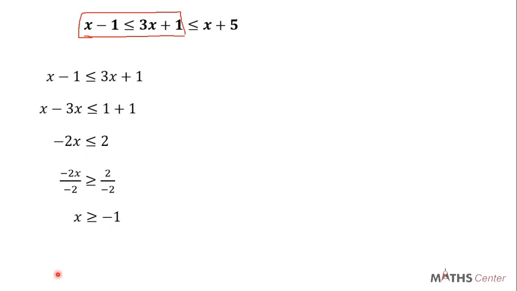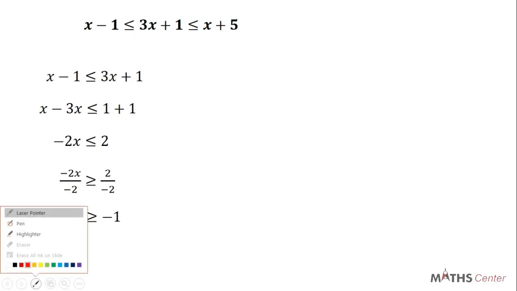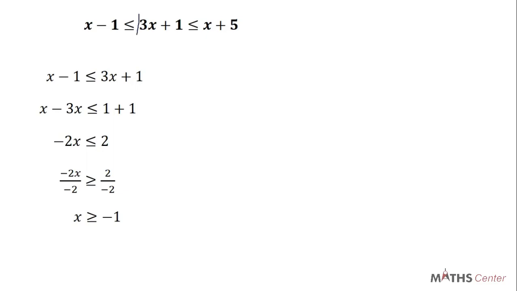What you do is that you go on and solve the second part of the inequality. So the second part of the inequality will be from 3x plus 1 up to the side that is covering the next inequality sign. So 3x plus 1 is less than or equal to x plus 5. So this will be the second part of our inequality. Now you group like terms, then we simplify.